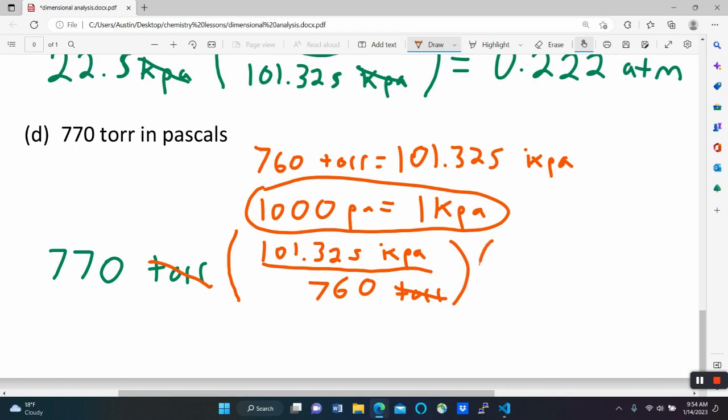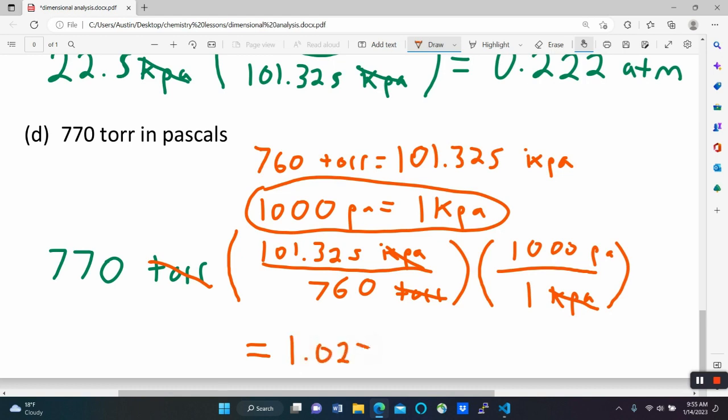And then last but not least, you multiply your term by 1000 pascals per 1 kilopascal, which eliminates your units of kilopascal, and you're left with a solution of 1.027 times 10 to the 5th pascals.